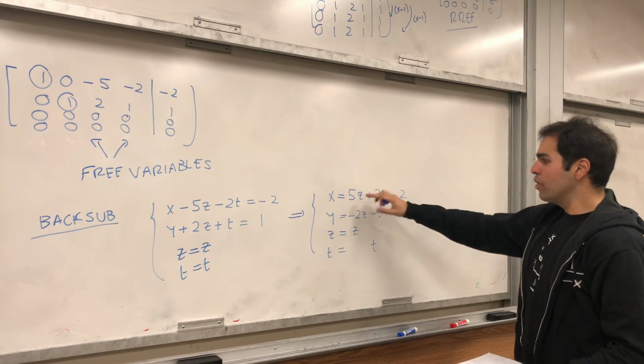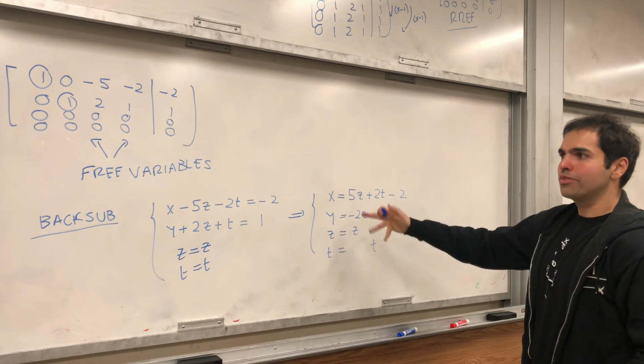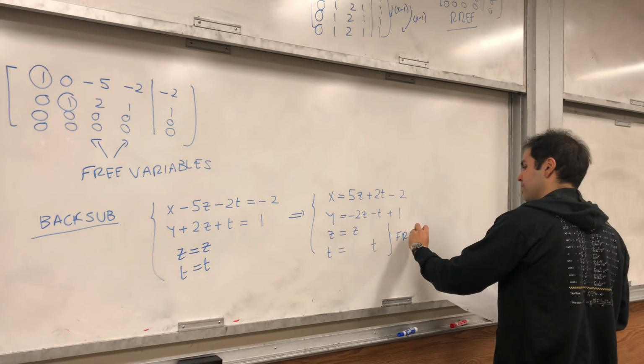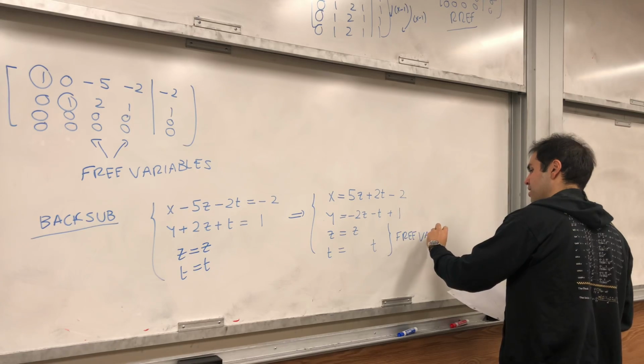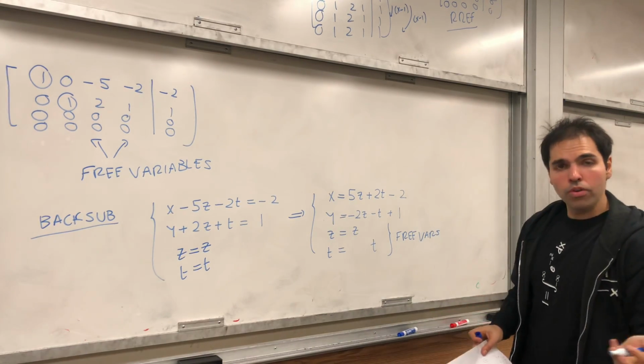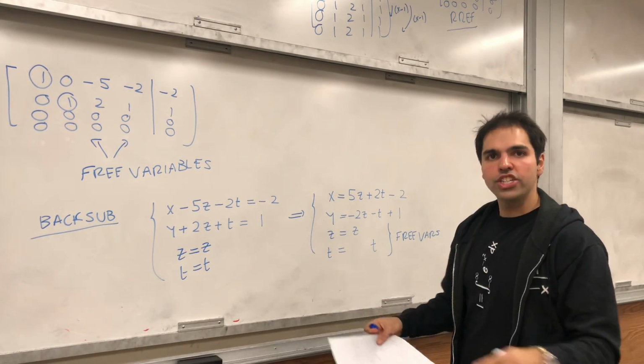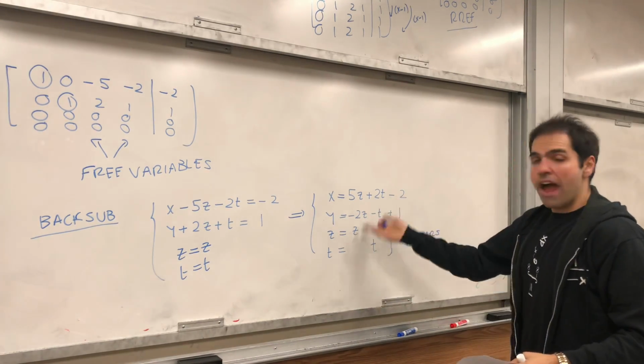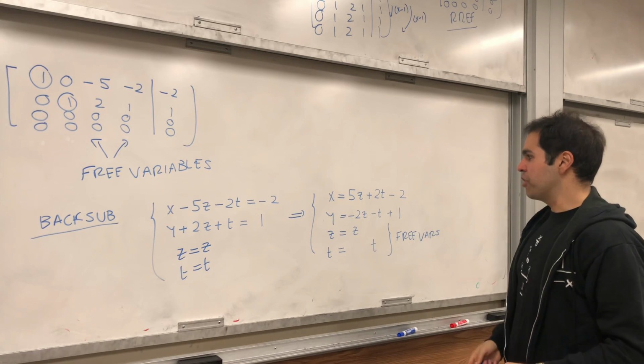And again, those are what are called basic variables, so non-free variables, and those are free variables. Just like in multivariable, you define parametric equations or parametric surfaces. Those parameters are the free variables.